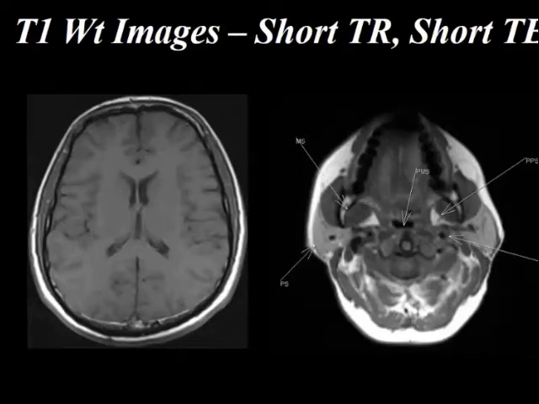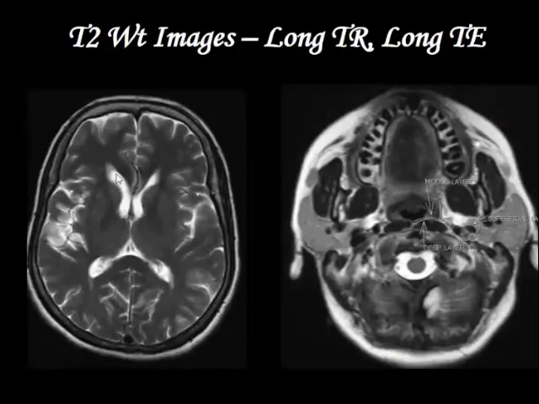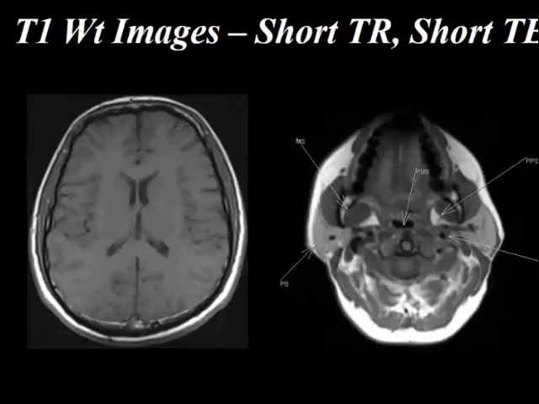Okay, to put it very, very simply, it is a T1 weighted image where you see the CSF as black. Now, if you look at a T2 weighted image, the CSF will be white. So white CSF means T2 weighted, dark CSF means T1 weighted sequence.